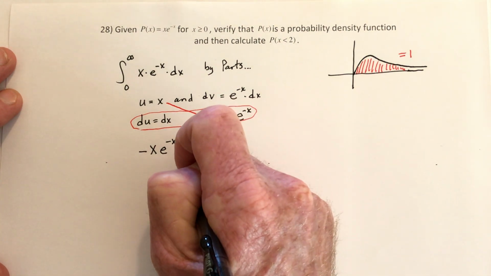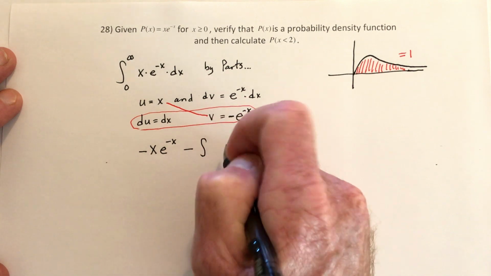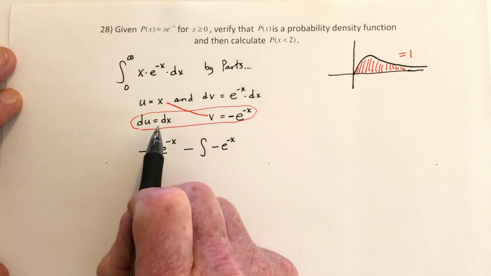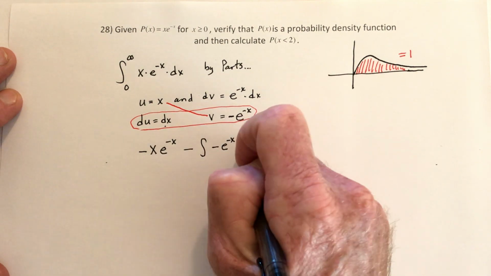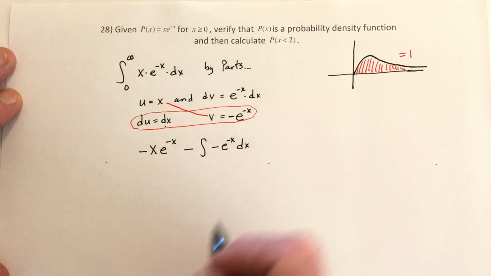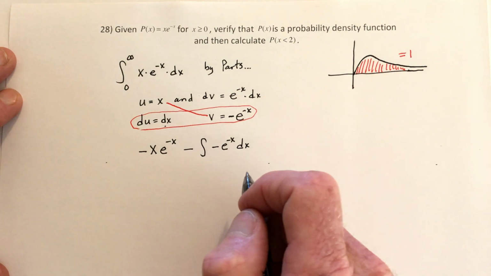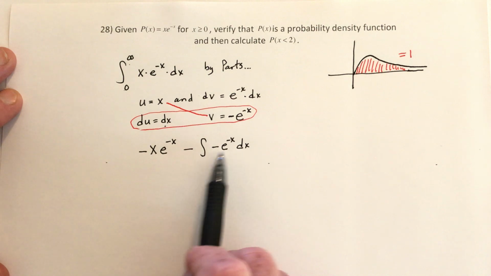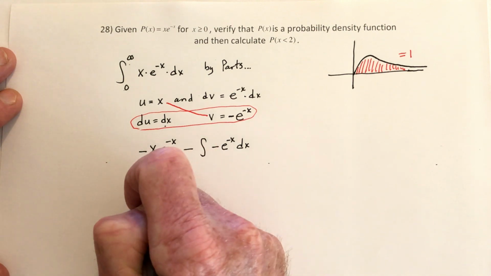So then it goes minus the integral of negative e to the negative x, and then times the dx. And then, so we would still need to go from 0 to infinity, but I'm just going to finish this work, and then we'll do the 0 to infinity.